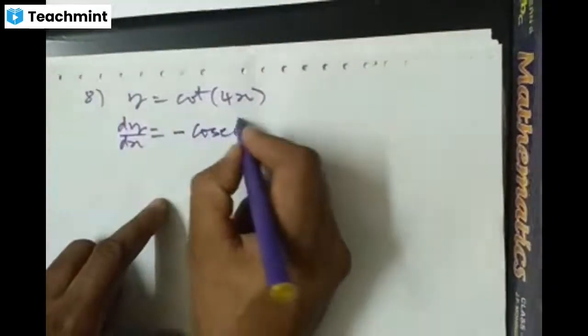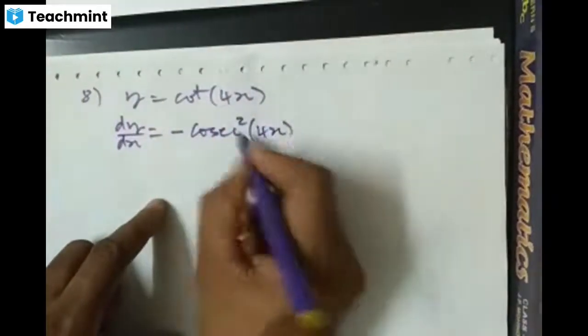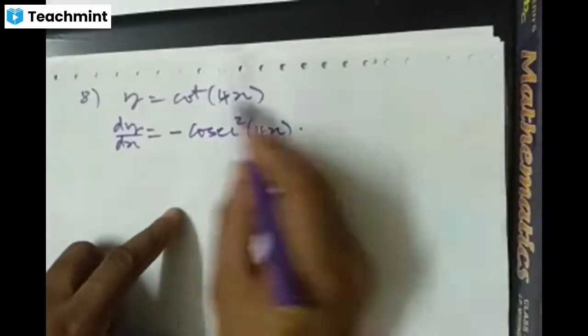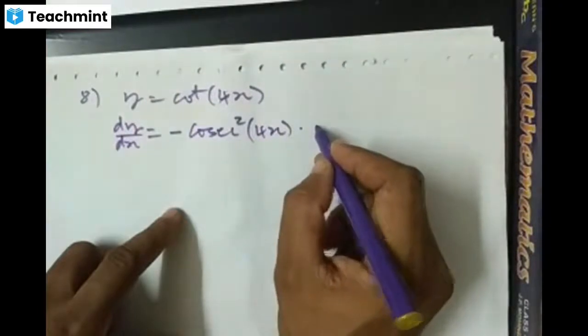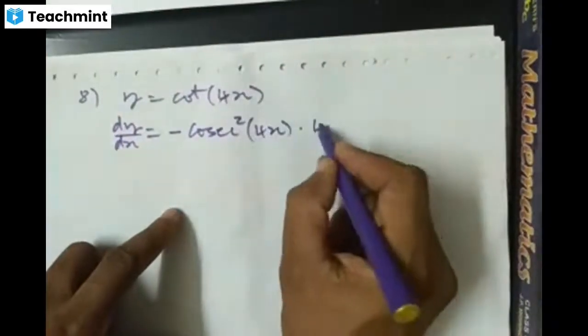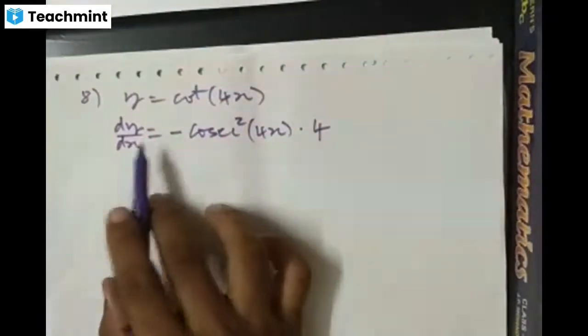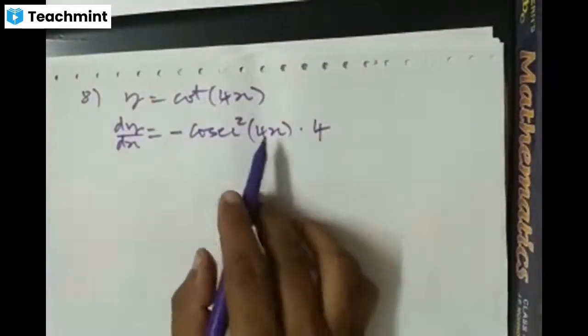Derivative of cot u with respect to u is minus cosecant square of u, but in place of u we have 4x into d by dx of 4x. d by dx of 4x is 4. So derivative of the given function is minus cosecant square of 4x into 4, right?